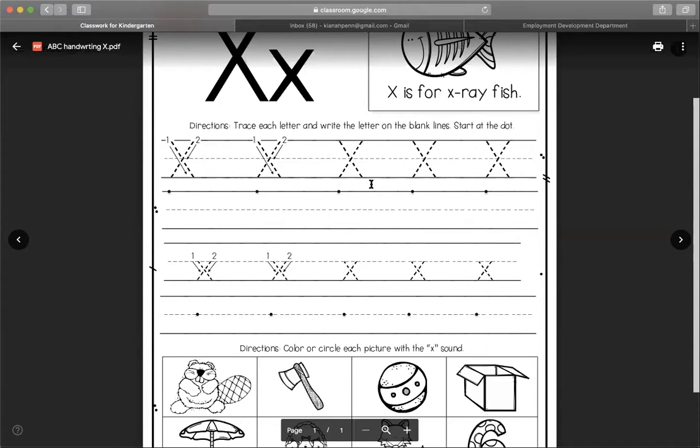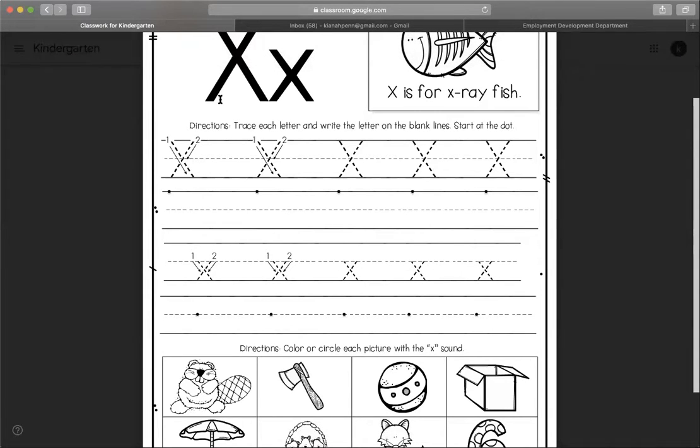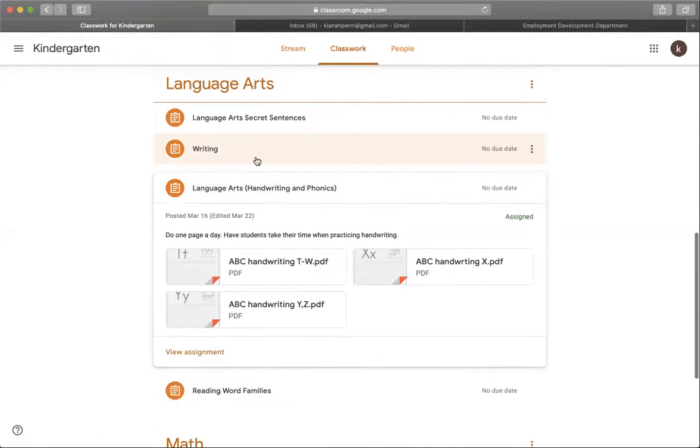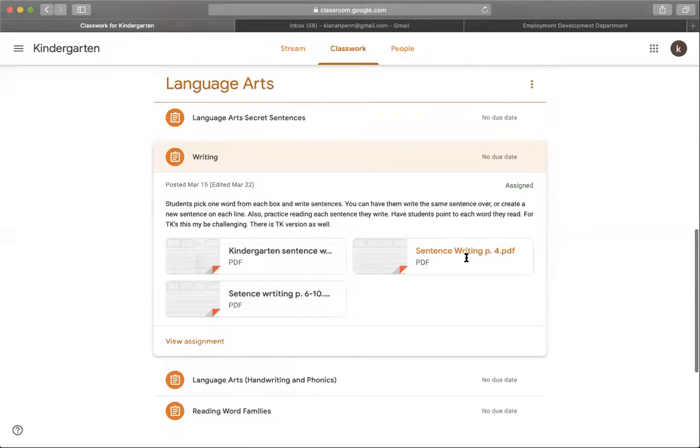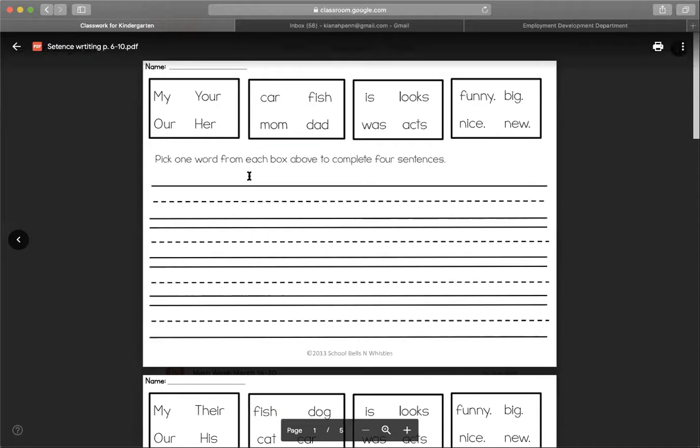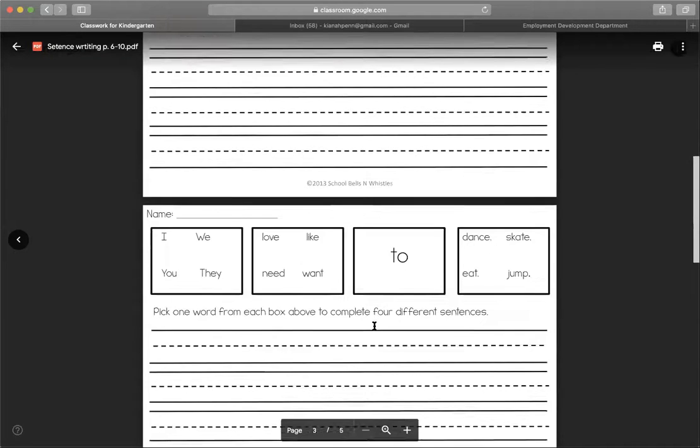I think the majority of them should be able to do it without tracing it. It's not required because we're really going to focus more on our writing, which would be all of the sentence writing. So these are more important than the tracing worksheets because these are what we're going to start utilizing a lot.